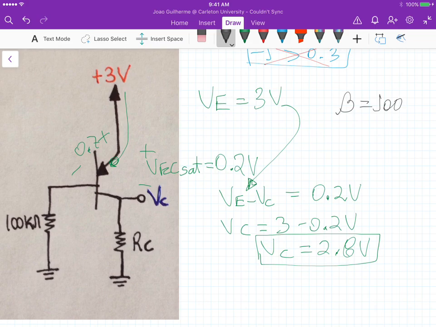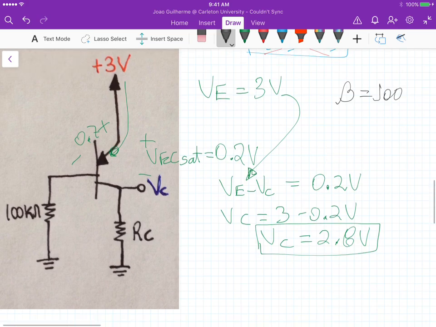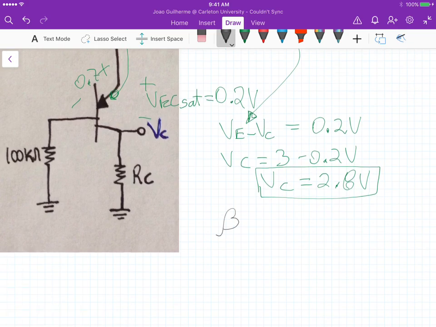But let's verify if the circuit is actually operating in the saturation mode by verifying the conditions for saturation mode again. So one thing is that for the saturation mode, we need beta forced to be less than beta, and in our case 100, because that's the new BJT that we inserted in the circuit.